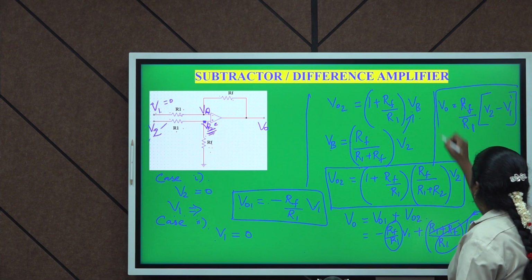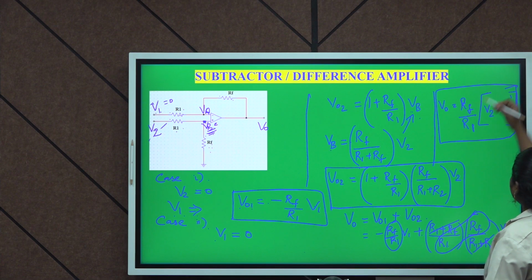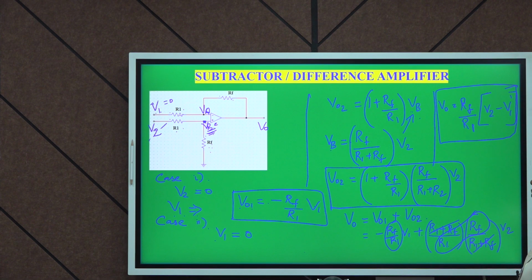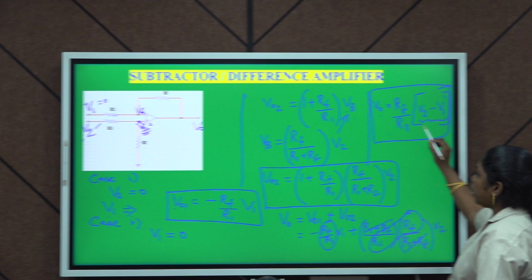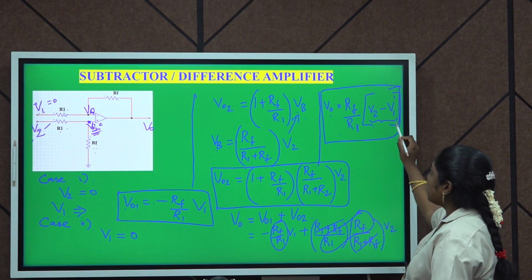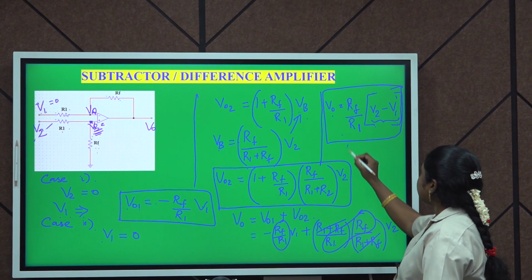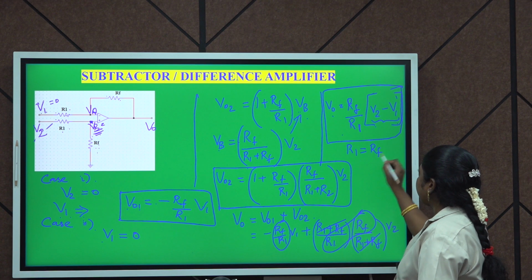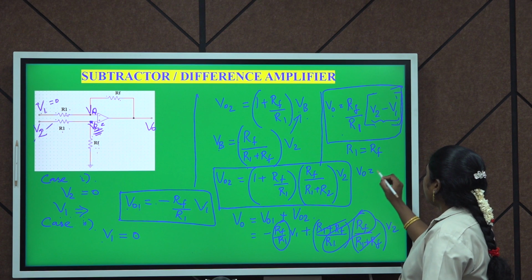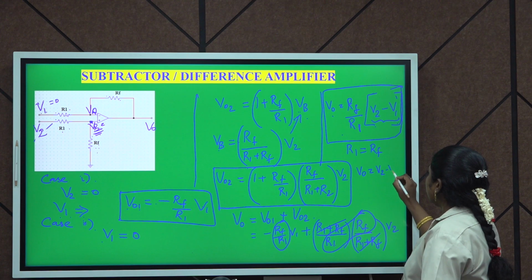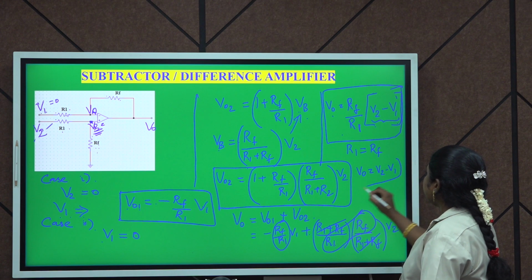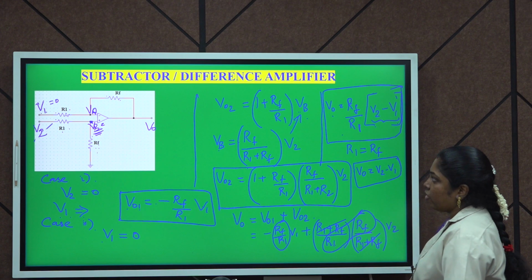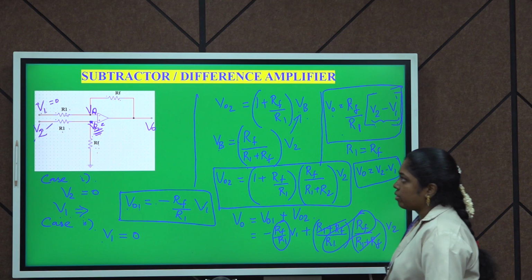So this is the output voltage of the difference amplifier. The output of the difference amplifier will be the difference of input voltages V2 and V1. Here we will assume R1 is equal to RF, so the output voltage V0 is equal to the difference between the input voltages V2 and V1.